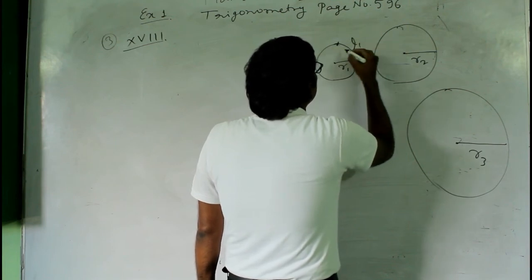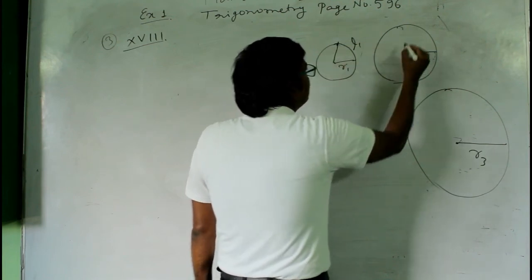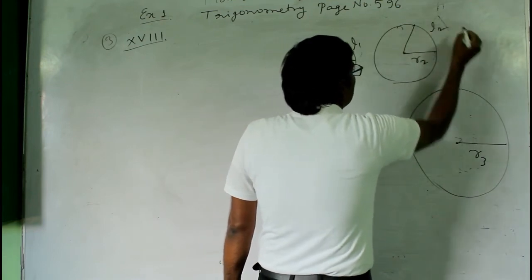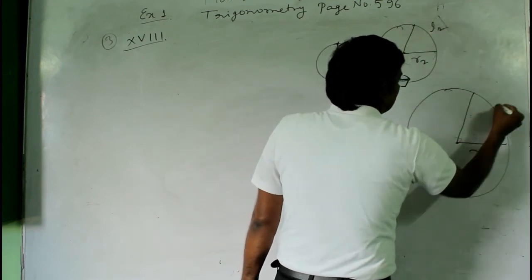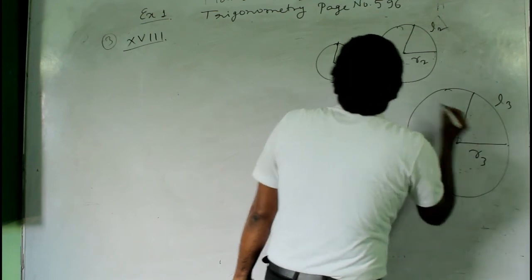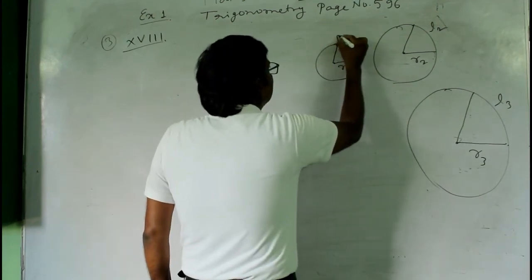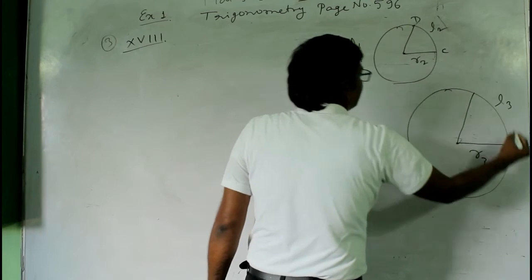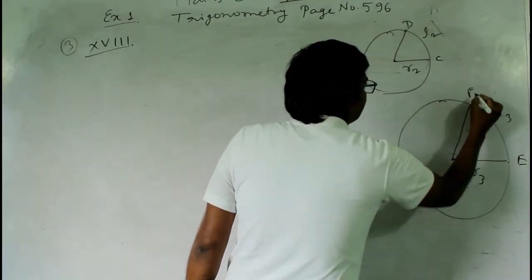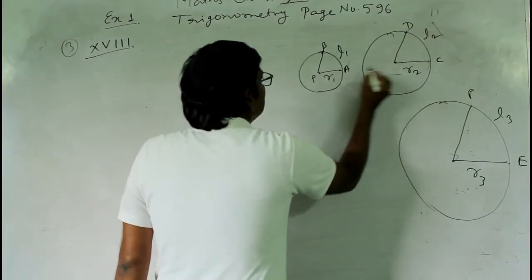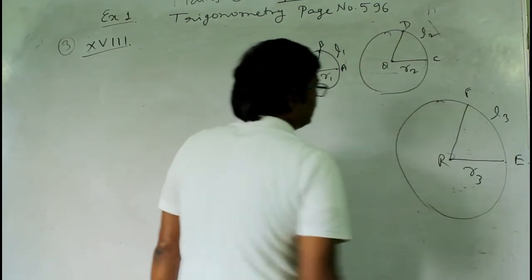Suppose this is L1, this is L2, and there is L3. Here suppose A, B, C, D, and E, F, and P, Q, R. These are the centers.